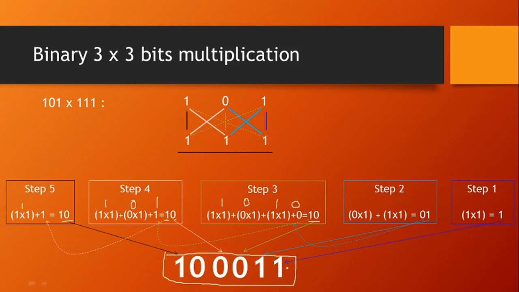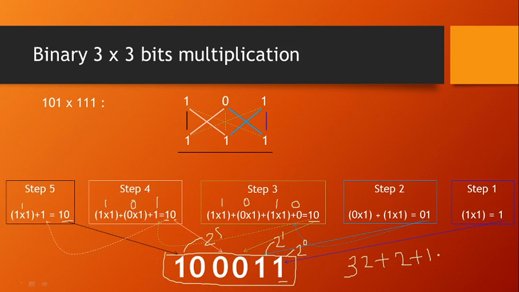Whether this binary is of 35 or not, let's check. So first bit is 1, so 1 into 2 to the power 0, plus 1 into 2 to the power 1, plus 0 into 2 to the power 2, 3, 4, and 1 into 2 to the power 5. 2 to the power 5 is 32, plus 2 to the power 1 is 2, and 2 to the power 0 is 1.